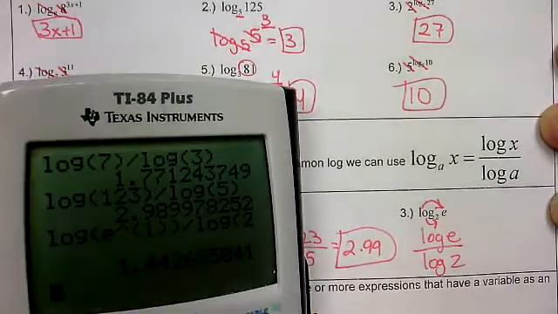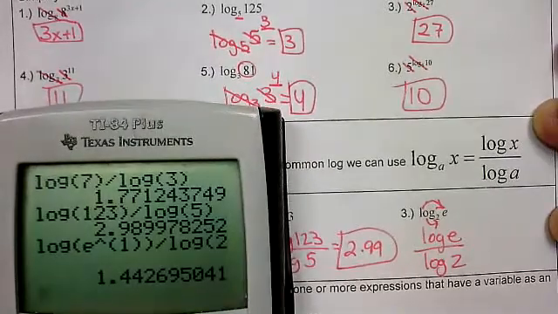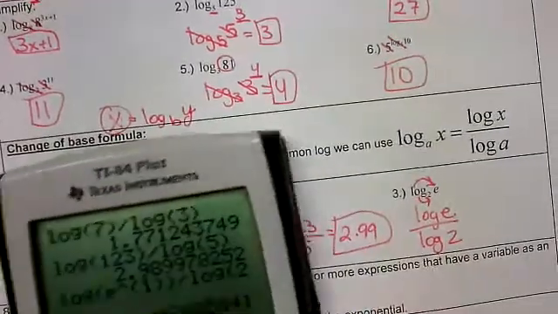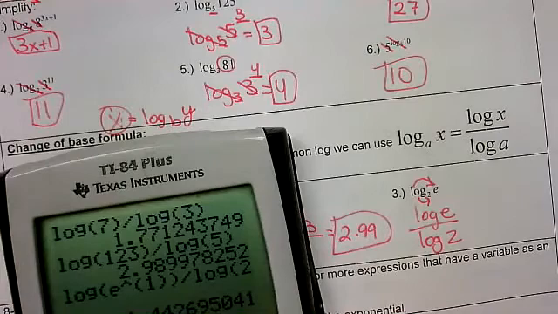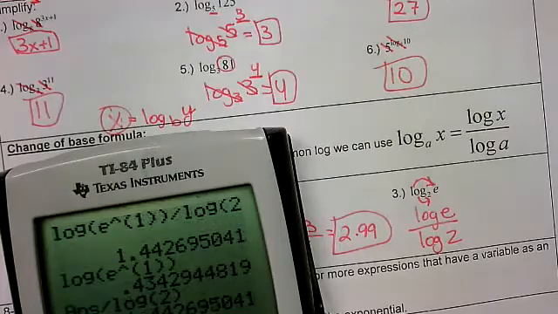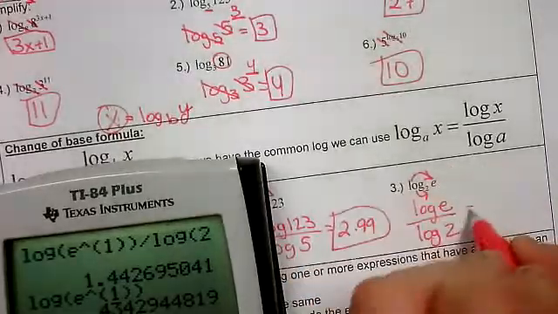And you should get 0.217, but somehow that didn't happen for me. So let me see what happened here. Log e, that's to the first power, equals divided by log of 2 equals, and oh, so yeah, 1.44.